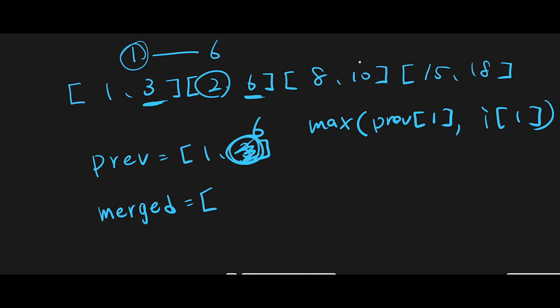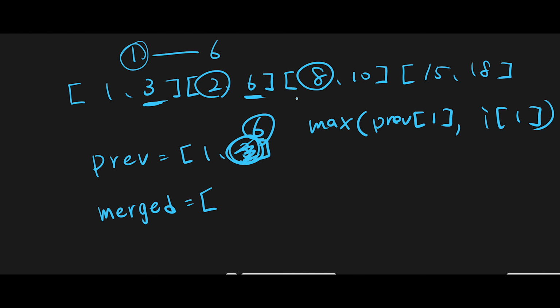And then move to the next one, 8, 10. We do the same thing: compare the current starting time 8 versus the previous interval's ending time 6. Now the current starting time is greater than the ending time in the previous interval, so they are not overlapping.